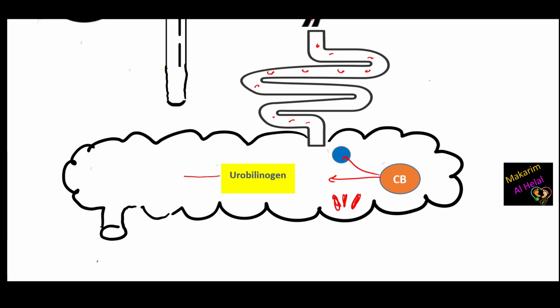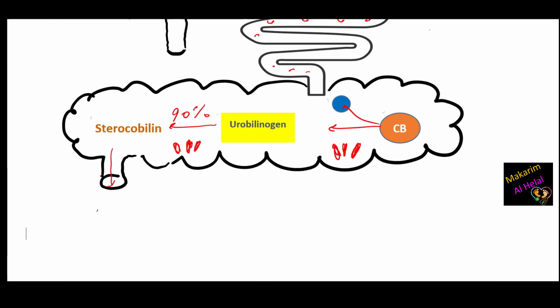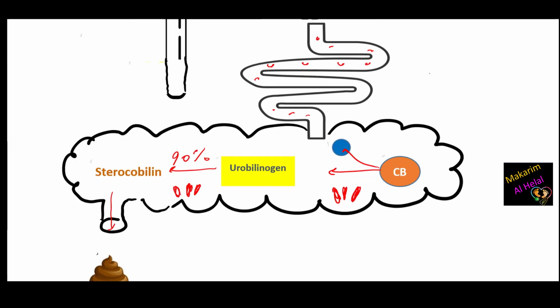Urobilinogen is lipid soluble, and 90% will be quickly oxidized by special bacteria in the large intestine to stercobilin. Stercobilin has a brown color and gives the characteristic brown color to feces. This is 90%.